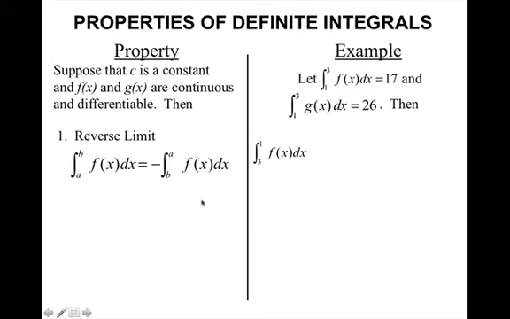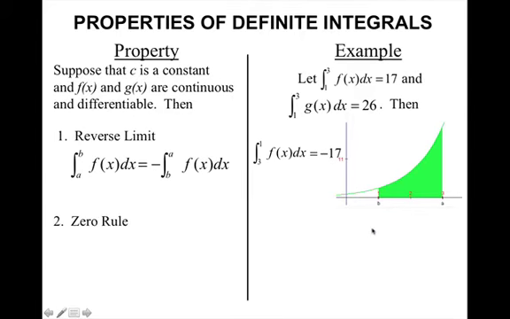And what this will look like is if we have the integral from 3 to 1, sorry, of f of x dx, then in order for this to work, you would have to multiply by a negative.